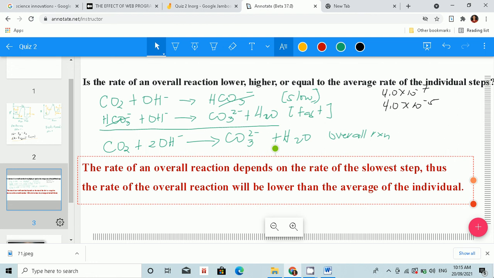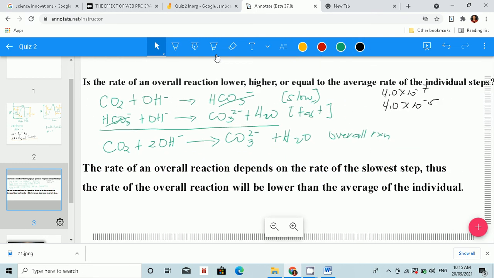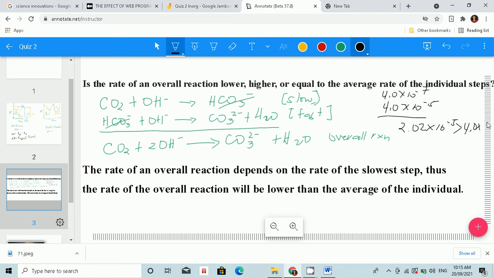Thus, the rate of the overall reaction will be lower than the average of the individual steps, because here the average rate is 2.02 times 10 to the negative 5, which is greater than 4.0 times 10 to the negative 7.